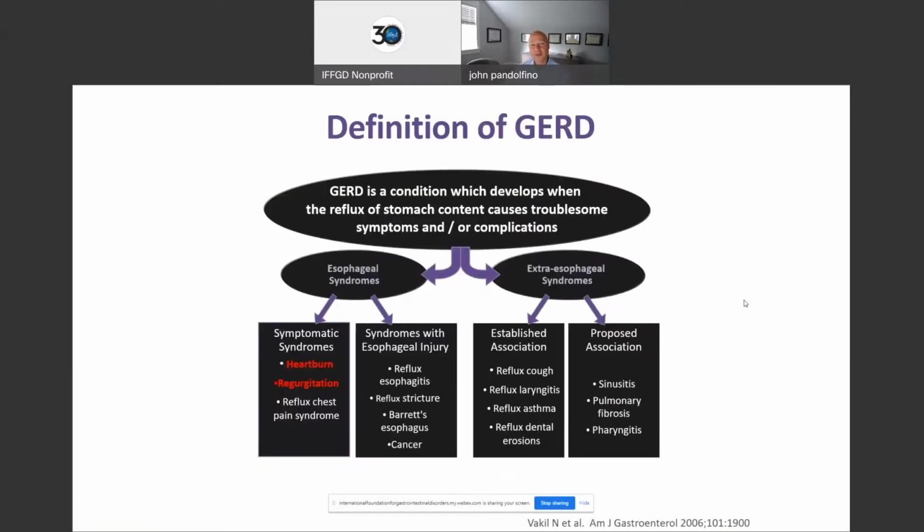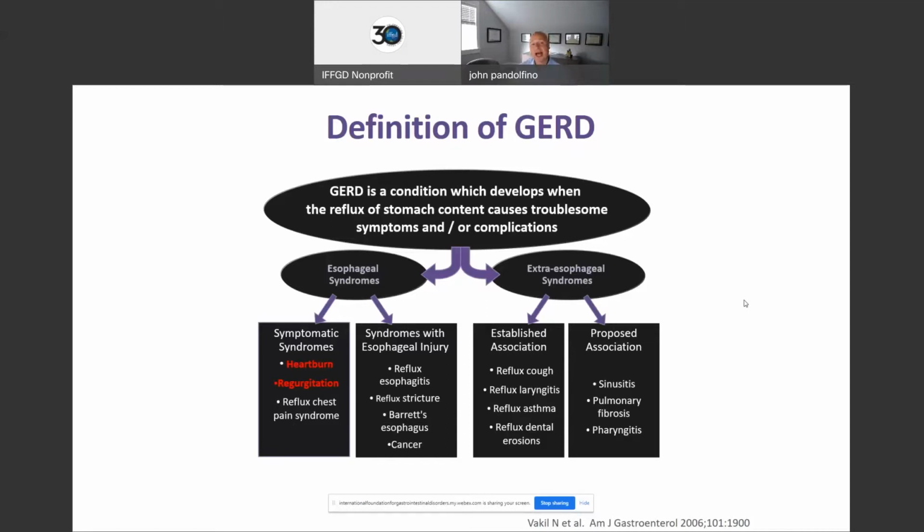Now, the definition of GERD is a condition where you develop troublesome symptoms or complications related to reflux of gastric juice from the stomach into the esophagus and the throat. This can lead to a heterogeneous symptom and complication profile, as you can see from this slide.